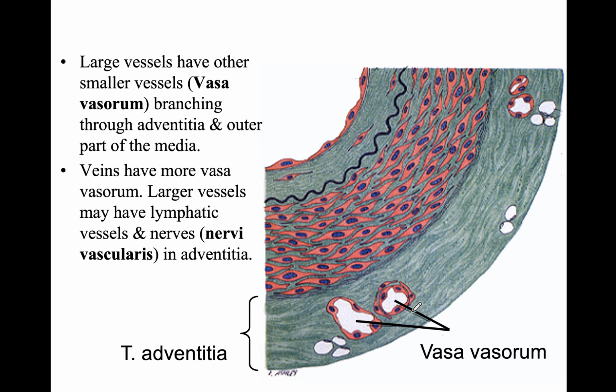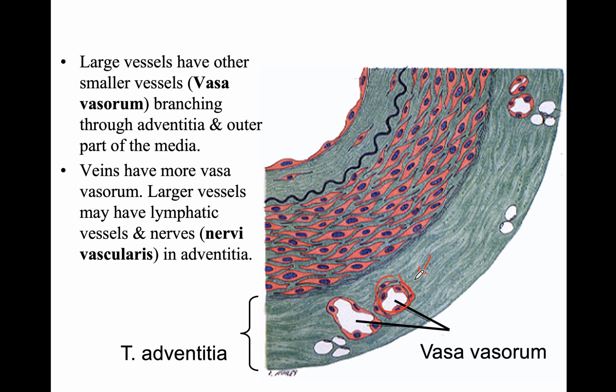In the large blood vessels, in the tunica adventitia, we could find blood vessels, and sometimes even nerves. The blood vessels found in the tunica adventitia we call vasa vasorum, whereas the nerves are the nervi vascularis.